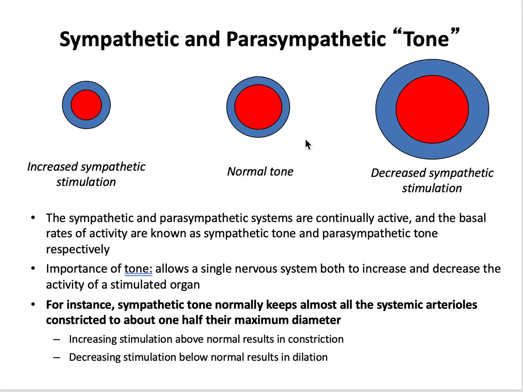And then what will determine them constricting further or dilating will be whether or not we increase sympathetic stimulation above normal, okay? And if we increase sympathetic stimulation, that means it's going to cause constriction, and we're going to decrease the diameter of these systemic arterioles, or we can decrease sympathetic stimulation below normal, and that results in dilation.